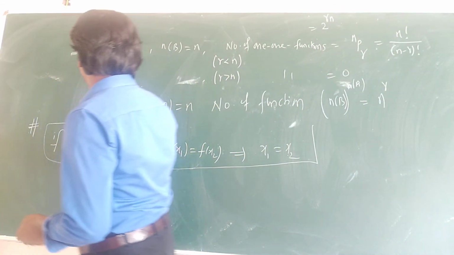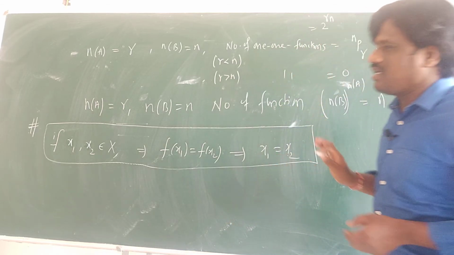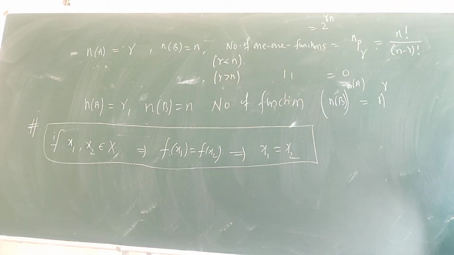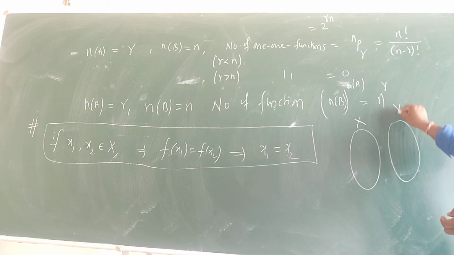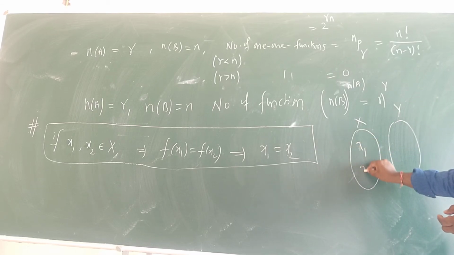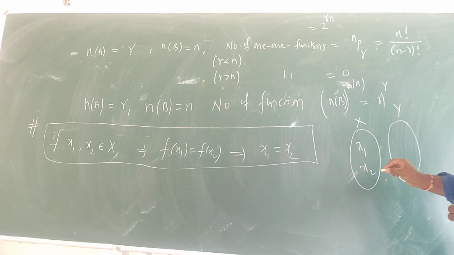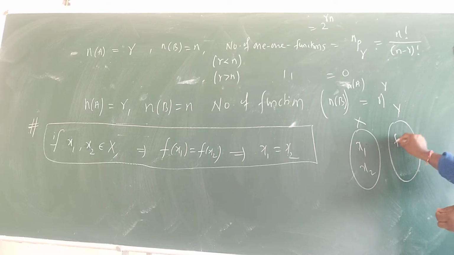Proof for one-one function. I'll make you understand. x1, x2 are two domain elements. Suppose this is X, this is Y. Now I am taking two elements x1, x2. If f of x1 is equal to f of x2, it means this image is f of x1 and this image is f of x2.